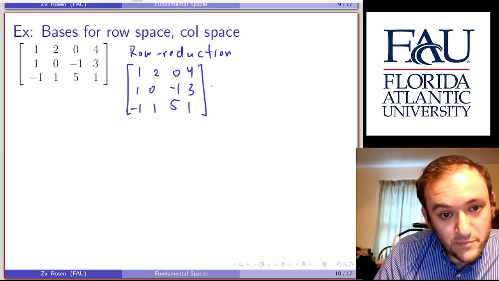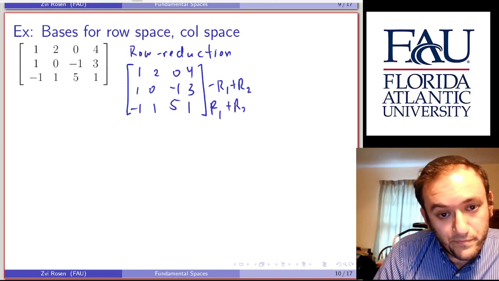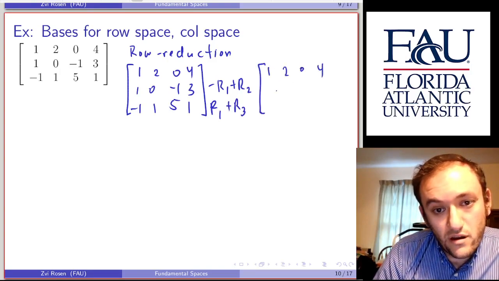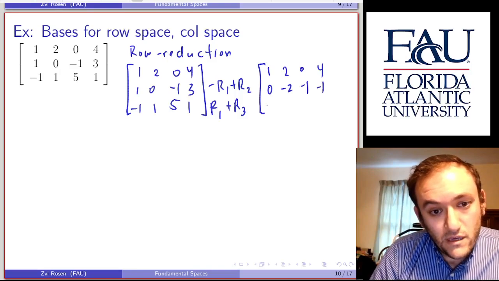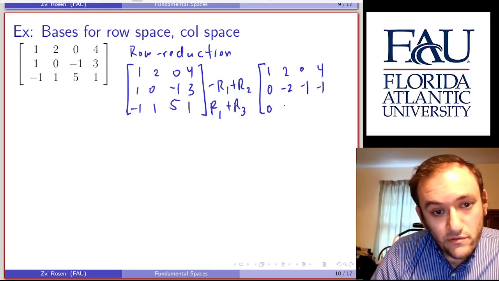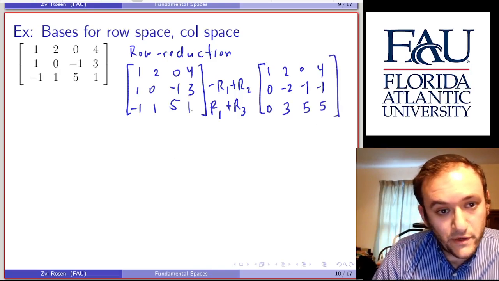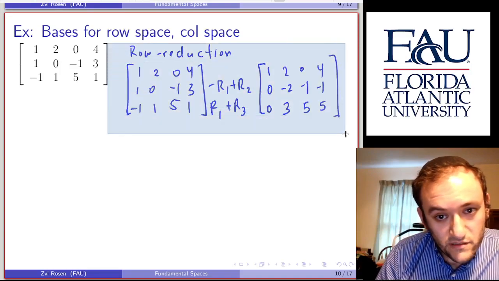Our first step is to clear that first column: minus row 1 plus row 2, positive row 1 plus row 3. And we get 1, 2, 0, 4, 0, minus 2, minus 1, minus 1, and 0, 3, 5, 5. Okay, so far so good.